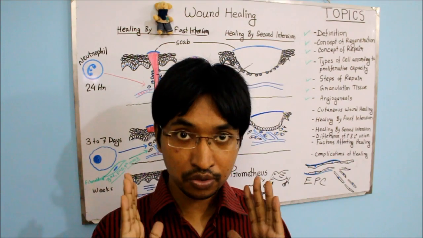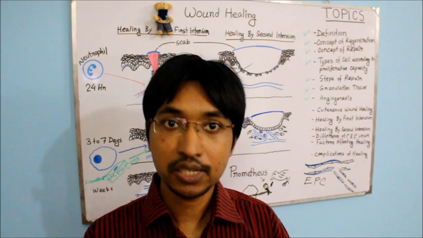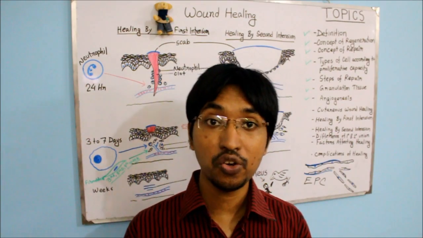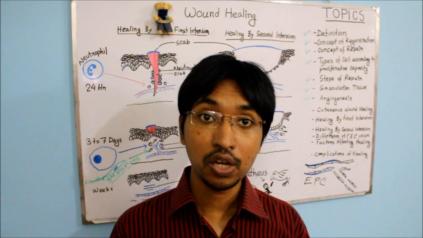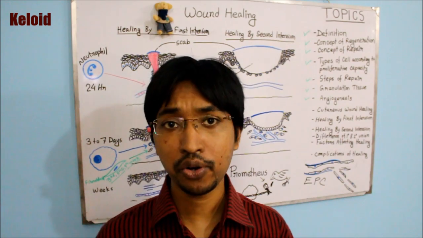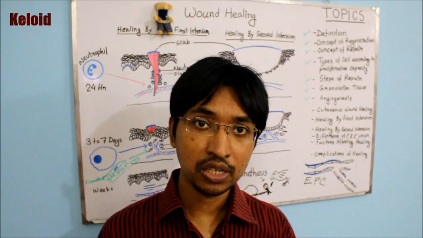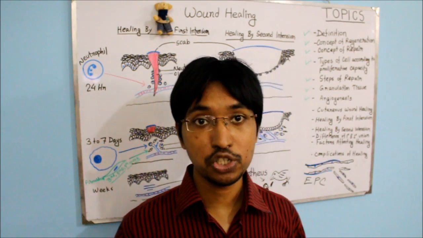Now, if the raised area is confined to the wound area, that is hypertrophic scar, but when the raised area goes beyond the boundary of the wound, then that is given the name keloid. And also remember, keloids are common in African American, and they do have a genetic predisposition.